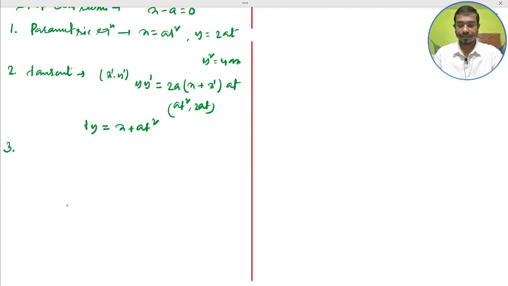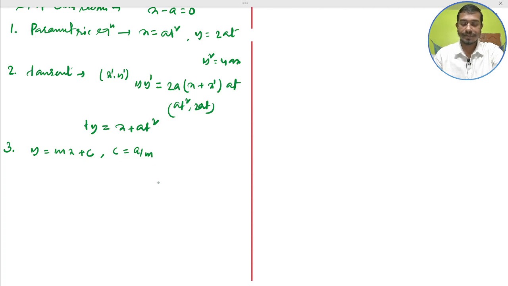Next, condition that a line is a tangent. The condition that a line y equal to mx plus c is a tangent. Equation of any tangent to that. The c here is a by m.